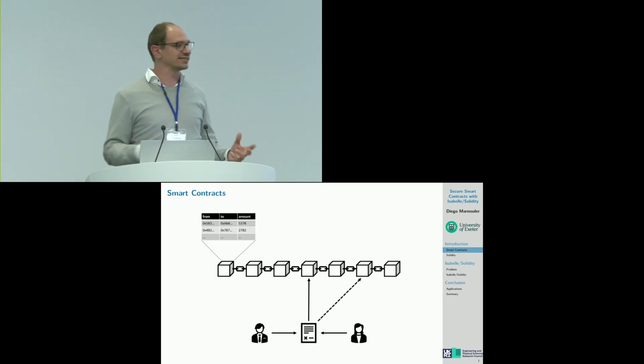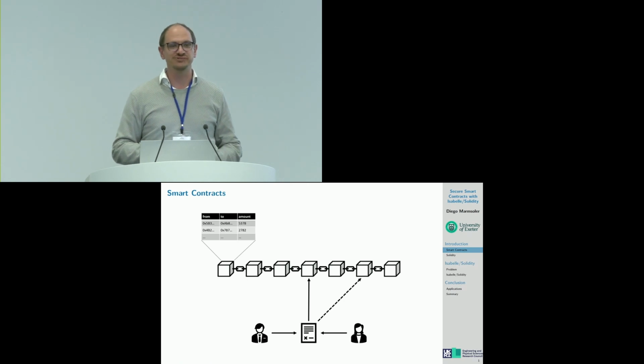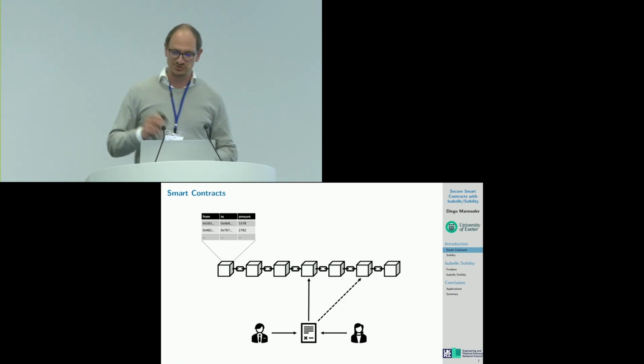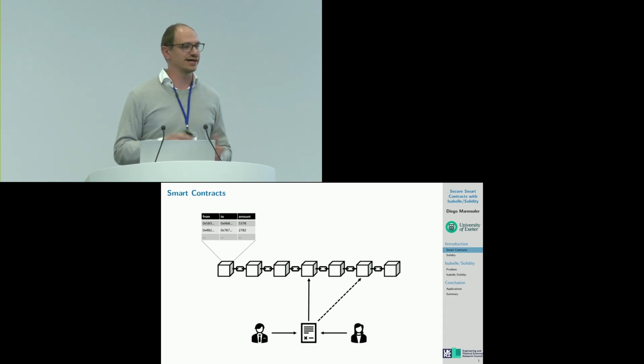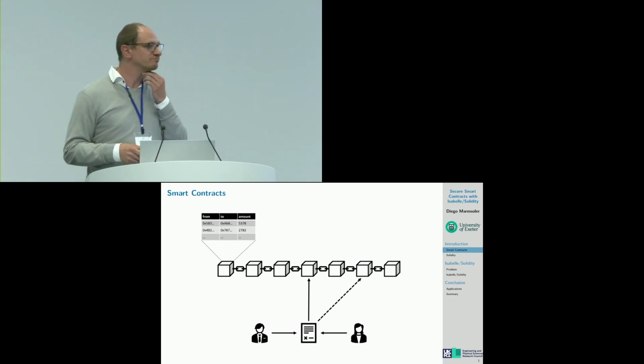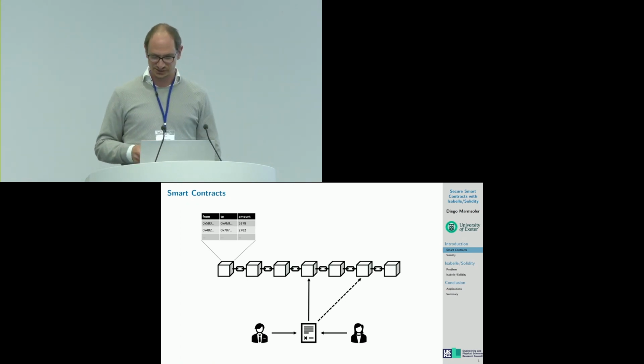Indeed, Solidity is the Java of blockchain, I would say, or nowadays maybe more the Python of blockchain. But indeed, 85% of all smart contracts nowadays are developed in Solidity. So it's the gold standard of smart contract development.